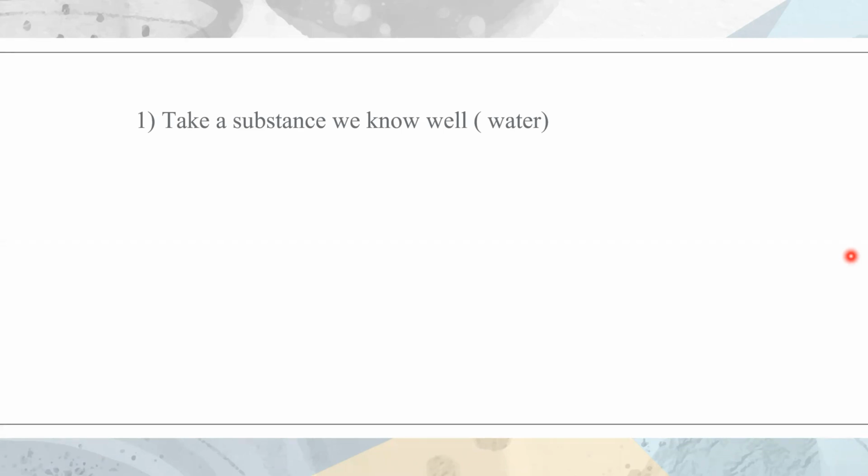And normally for those reactions, we would want to use water. Why? Because we know how water responds to heat. And if we just grab a thermometer and put it inside of the water, we can easily measure its boiling point. We really know a lot about water, and it's really easy for us to use it.